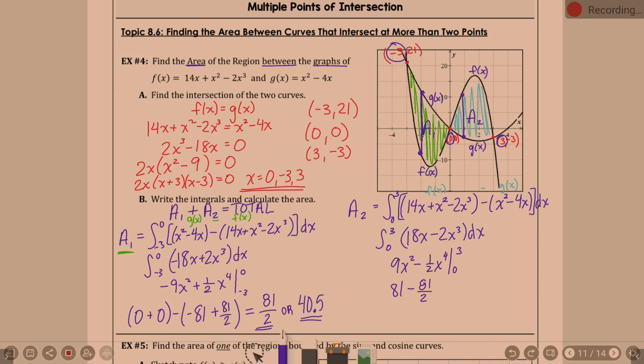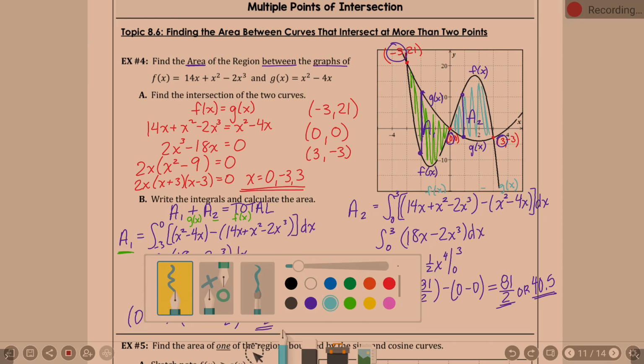Plug in 0. That's 0. So 81 minus 81 halves. 81 halves or 40.5. Now, that is area 2.